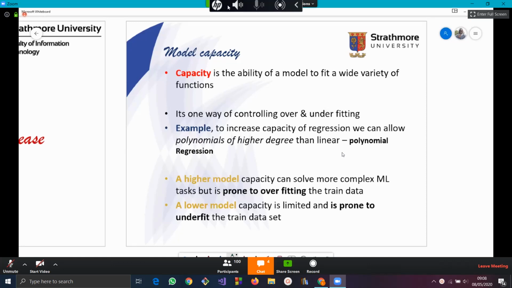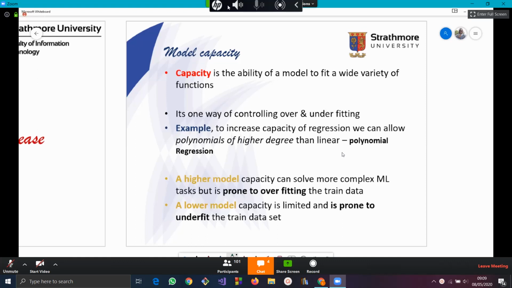The problem is that the more I increase capacity, the more I can solve very complex problems. I can drive cars using machines. I can do crazy predictions. So those models are models of high capacity. The problem is the more I increase capacity, the more I run into overfitting.